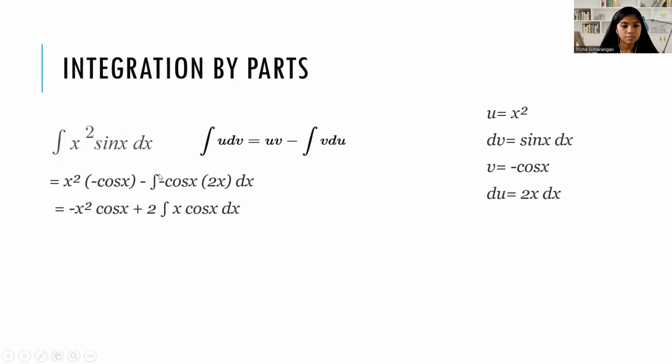Negative times negative equals positive, so that becomes 2 times the integral of x cosine x dx. Before we proceed, we need to first integrate the second function, so we will use another page for that.